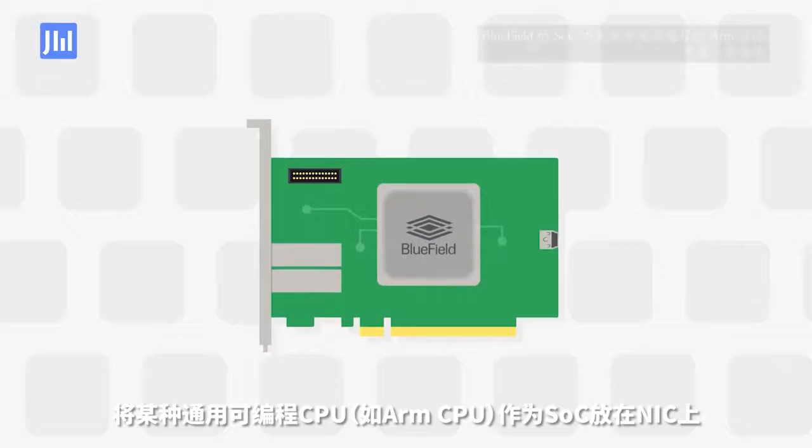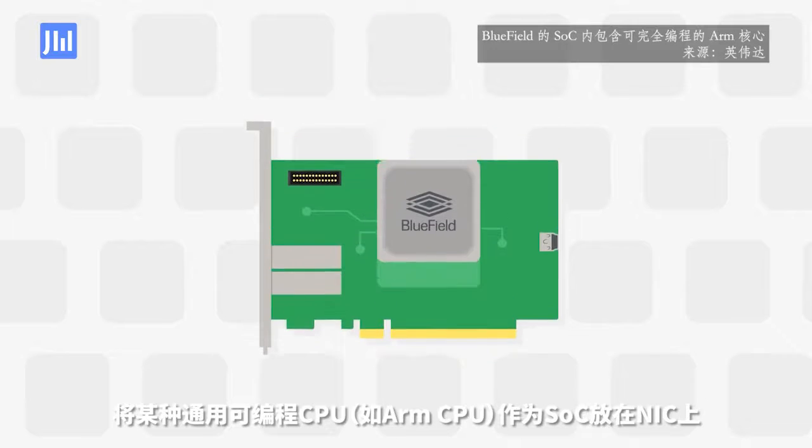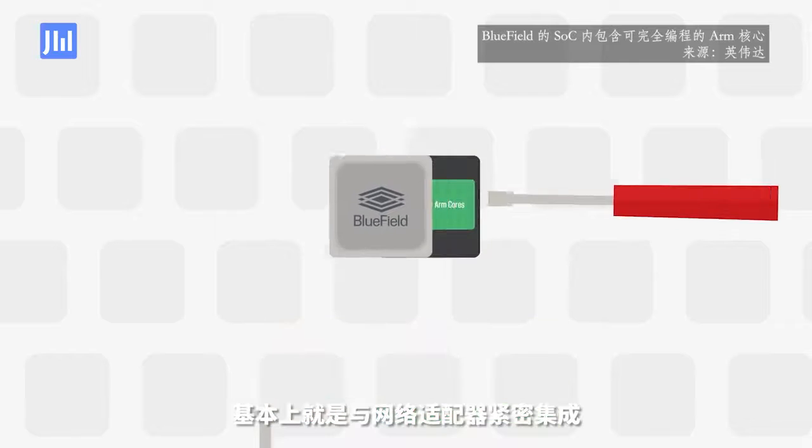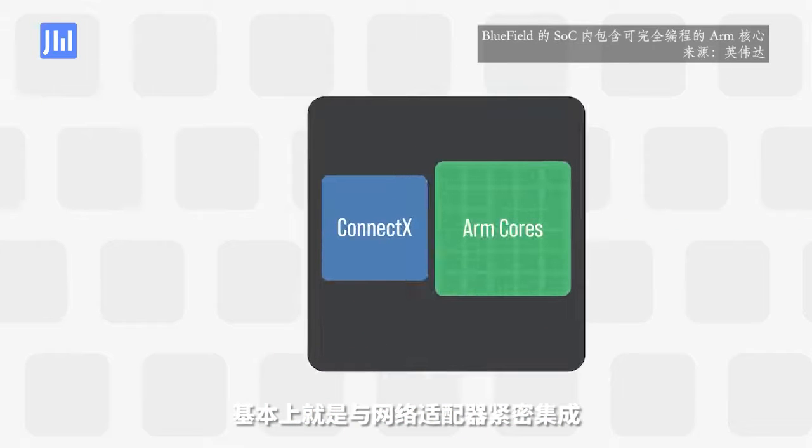However, it was also pretty clear that FPGA is a special purpose programming architecture that is also not that easy to use. So in parallel, various vendors started playing with the idea of putting some kind of general purpose programmable CPU, like an ARM CPU, on the NIC as a system on chip, basically being really tightly integrated with the network adapter.